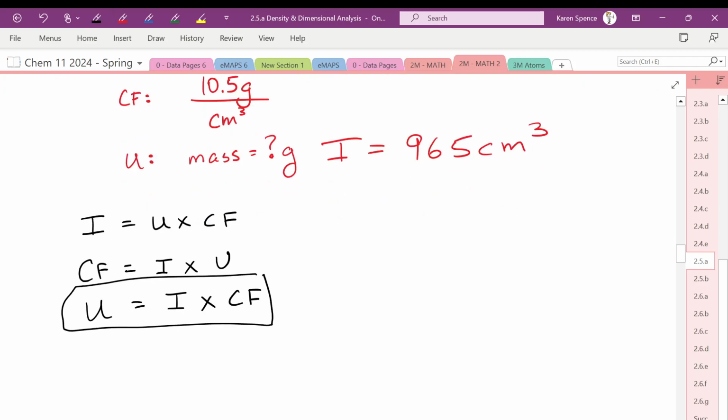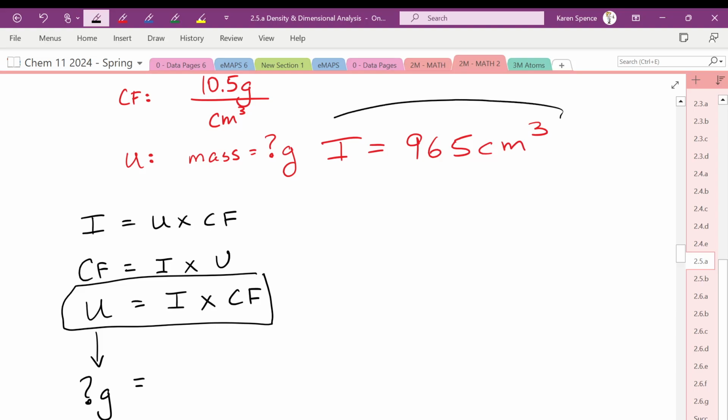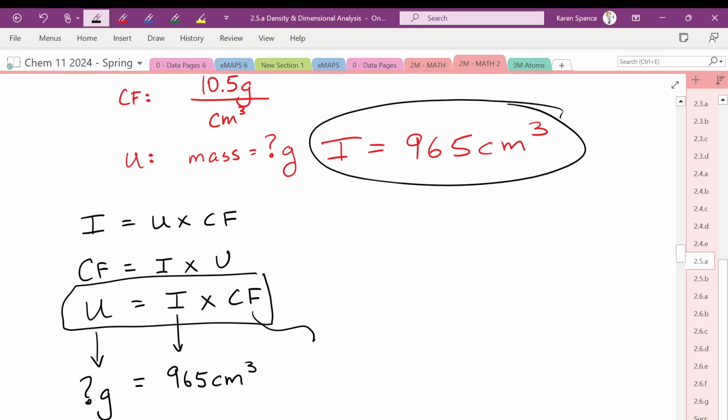So what is our unknown? Our unknown is the number of grams. What is our initial quantity? Our initial quantity is 965 centimeters cubed. And our conversion factor is the density.